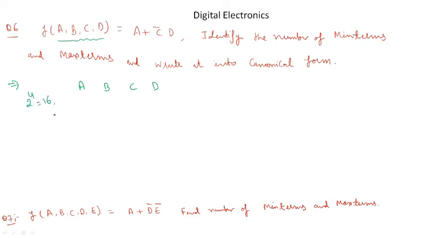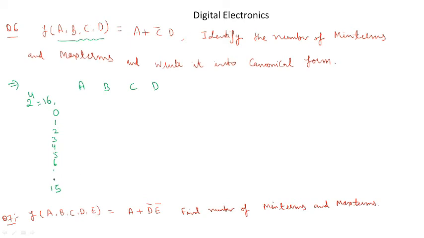So I will write decimal numbers from 0 to 15: 0, 1, 2, 3, 4, 5, 6 and so on, up to 15.